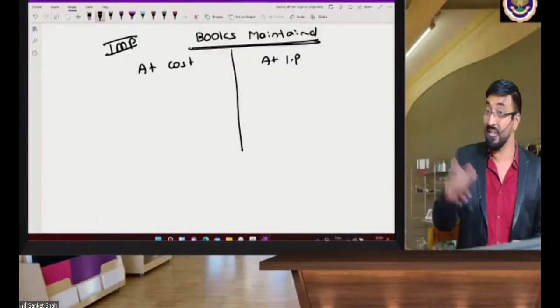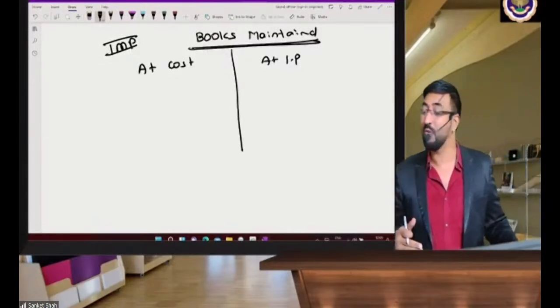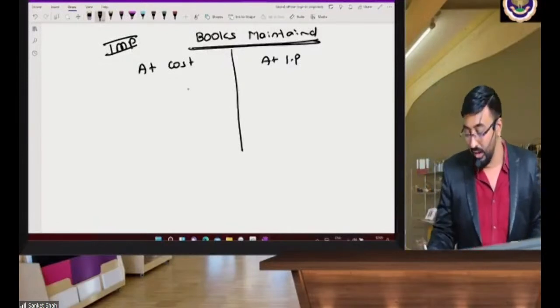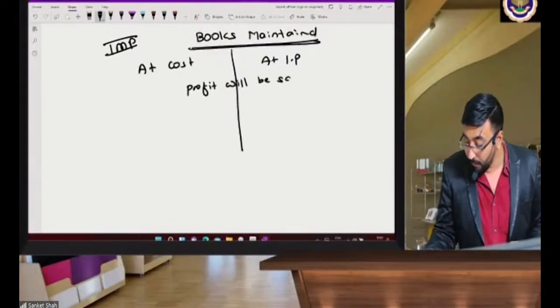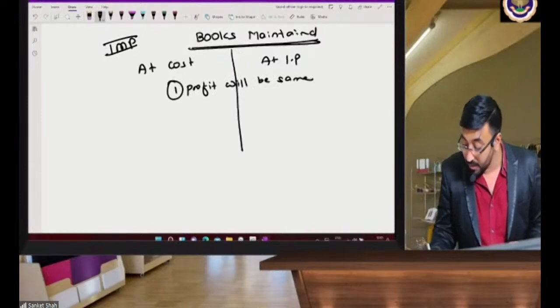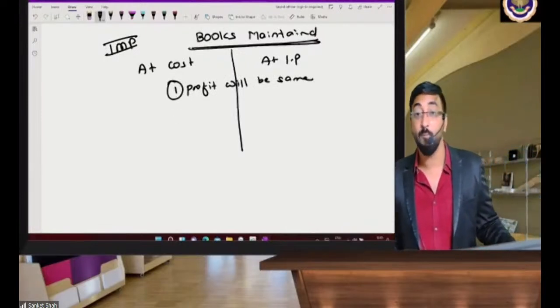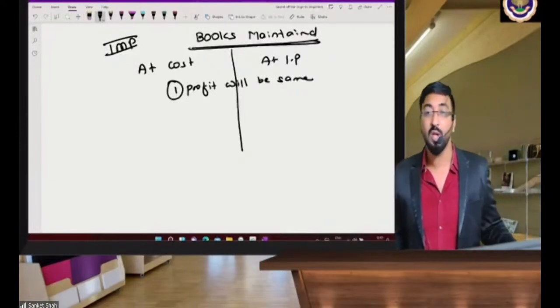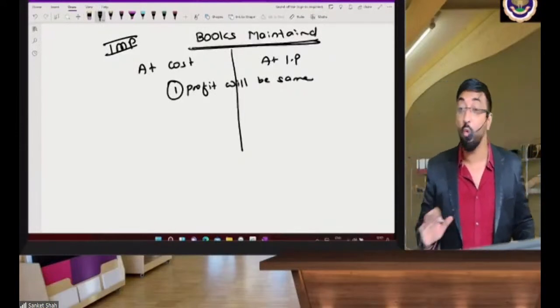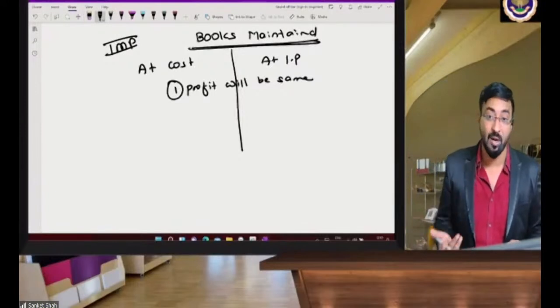They say, no sir, at cost it is higher. Some students say, no sir, at invoice price it is higher. No, beta, profit will be same. This is the first point you have to understand. Write it down somewhere. At cost and at invoice price, you are not going to receive any different profit.